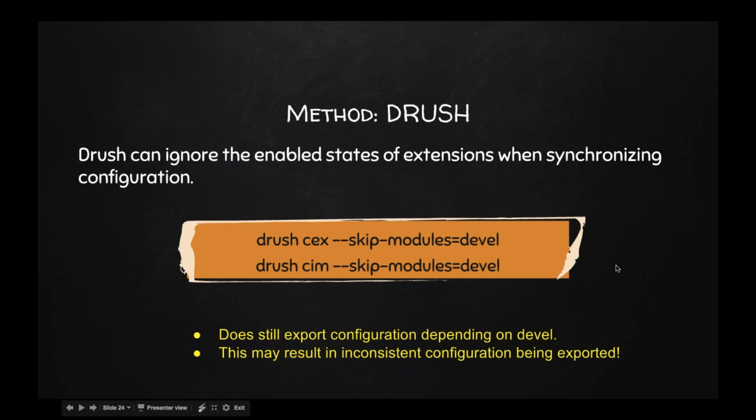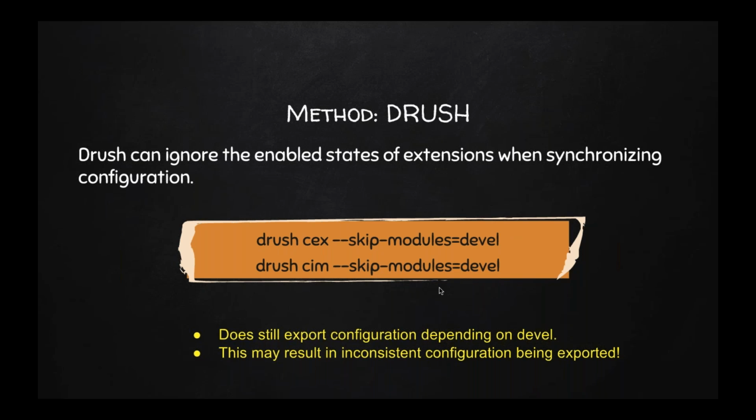But again, if you have a standalone module, this method will work. But think of a situation where you are using, let's say, the entity reference module, and you are using some entity reference fields in different views. Now you want to enable this module only on your local. So you executed this command, drush cex --skip-modules=entity.